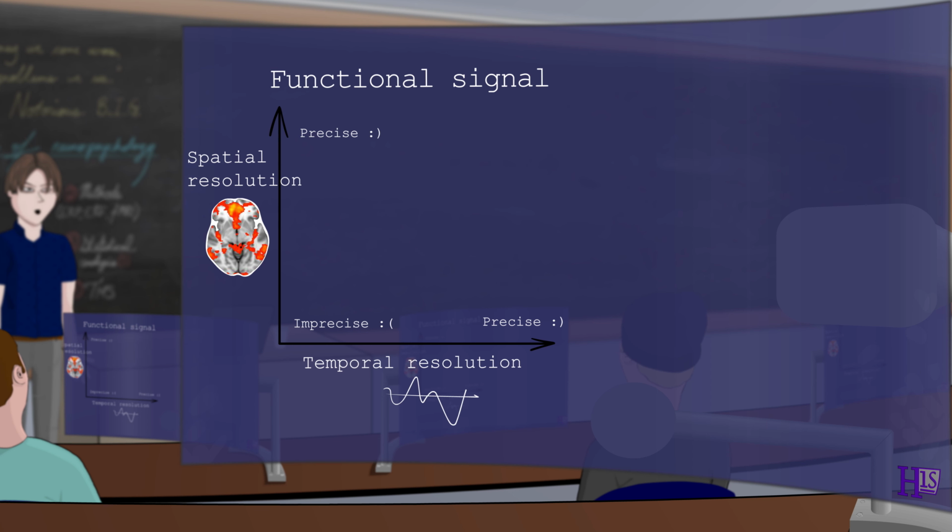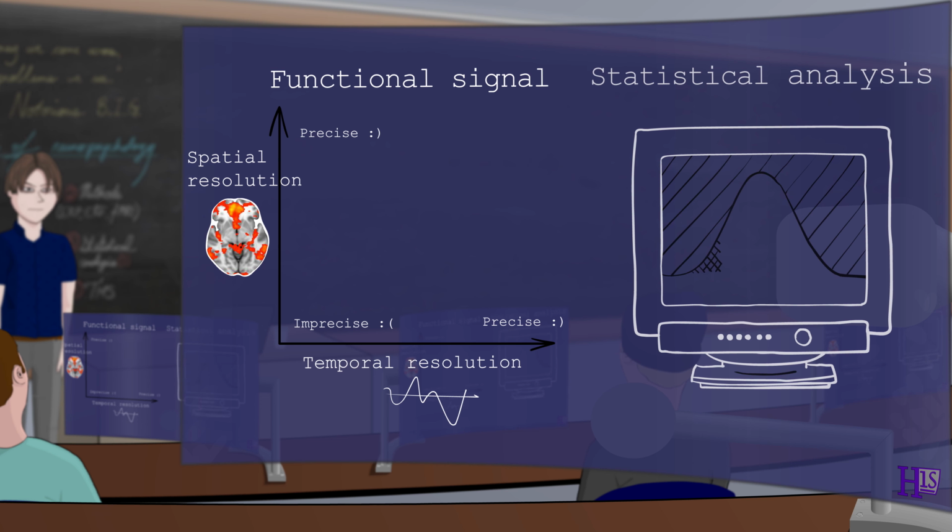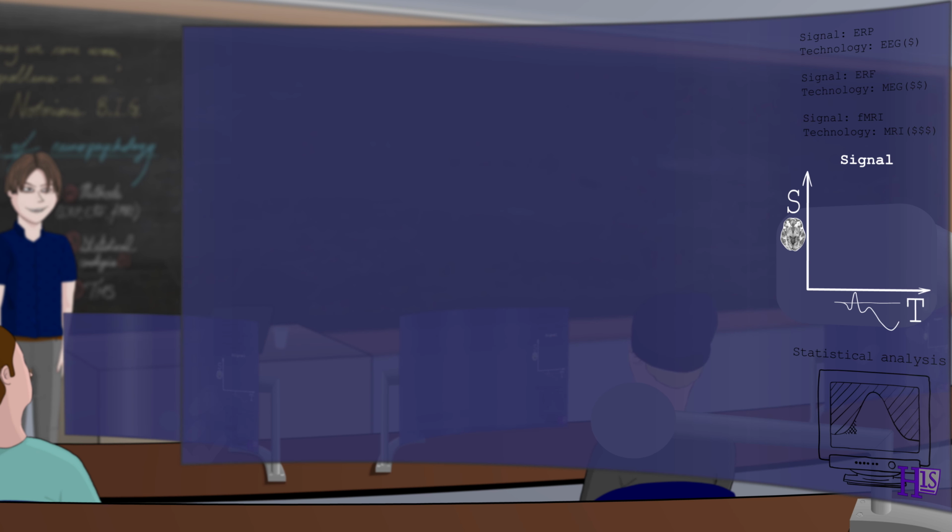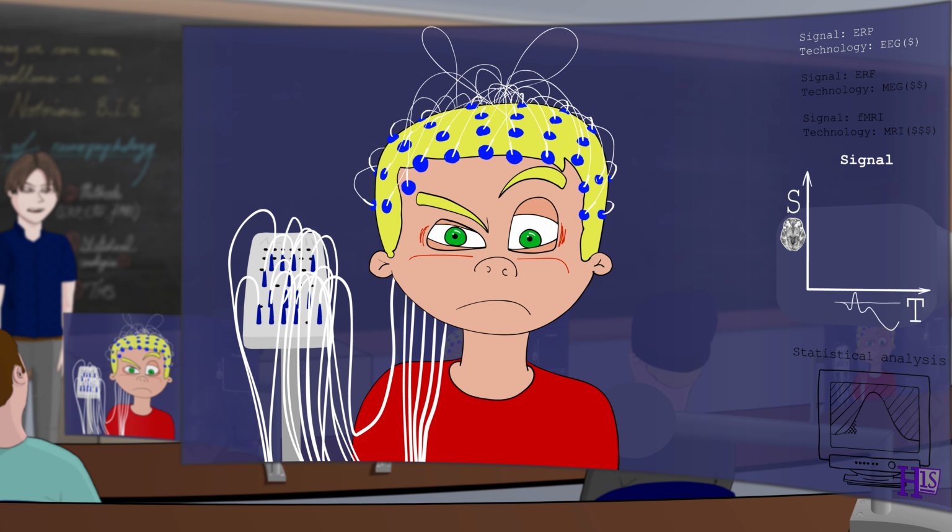Because every neuroimaging method uses a different signal, they each have a different resolution profile on those two dimensions. But a fundamental facet of neuroimaging is the statistical analysis that decides what activation is significant and what is considered noise.